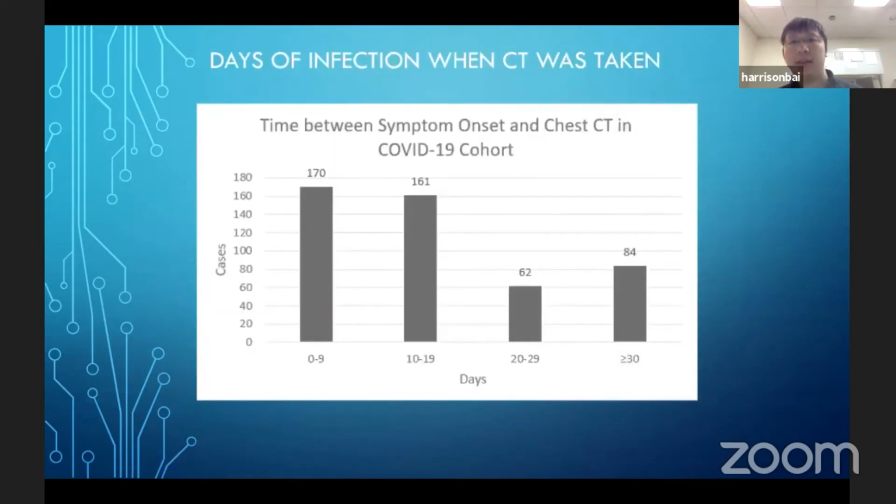We also looked at the days of infection, the time between symptom onset and the chest CT, because as we all know, the appearance can be very different depending on when the chest CT was performed. And we can see here that there's a wide distribution on when the chest CT was done, and we basically took the first chest CT we could find for each patient.